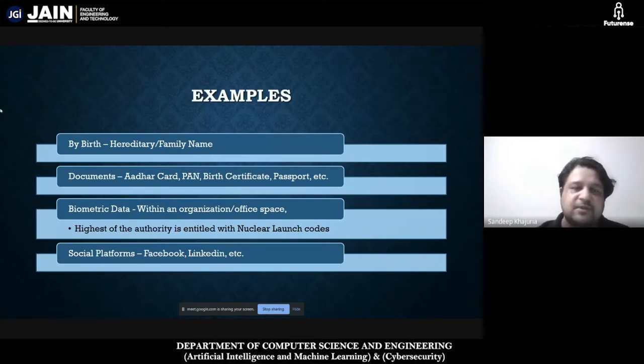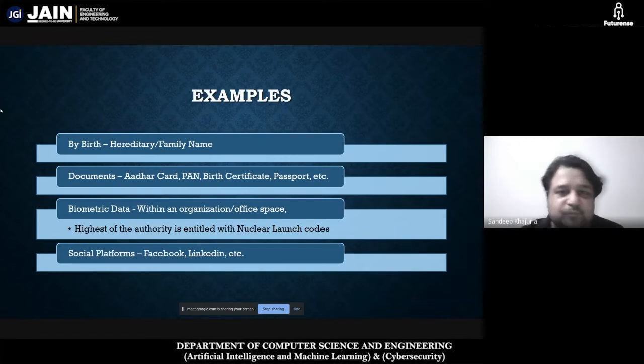Now this is one which generally the government does. As soon as you are born in a hospital, you have to get your birth certificate. Not you, I mean your parents would get it. By birth certificate, you will get your other documents later in the stages of your life, like your driving license, your Aadhaar, your PAN, your passport, and everything. So this identity is always established by the government.